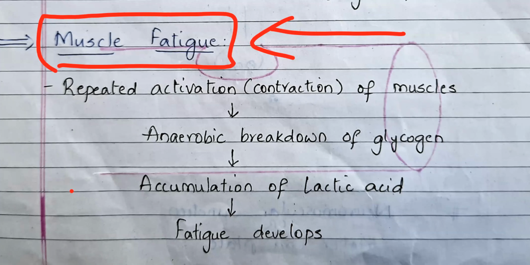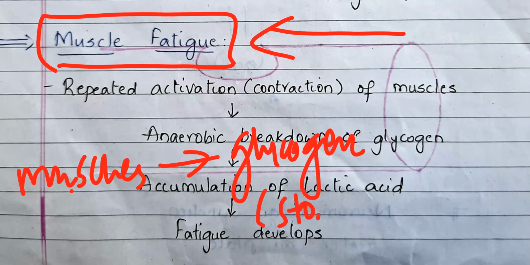First half, repeated contraction of muscles. Initially, when muscles start contracting, the oxygen is available adequately and it can carry out the breakdown of sugars. Mainly glycogen is the stored food in the muscle. Muscles store glycogen.